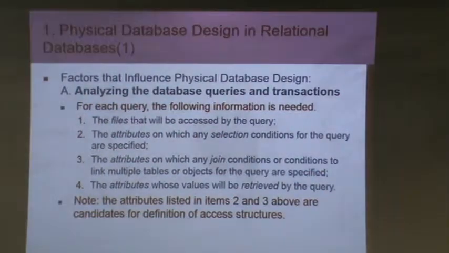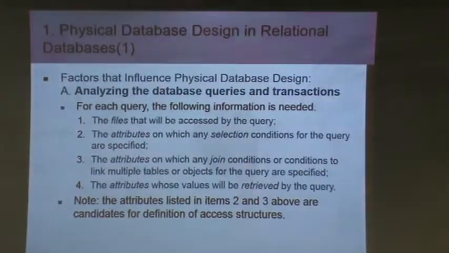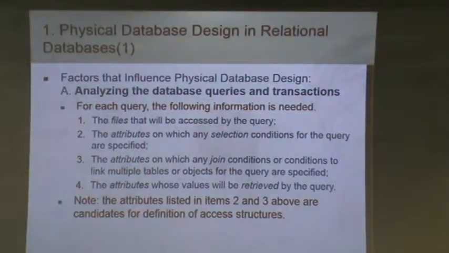So you need to understand which file will be accessed. Why? Because eventually, in terms of the operating system, a certain file will be accessed. So you need to change the location if the file is accessed a lot.